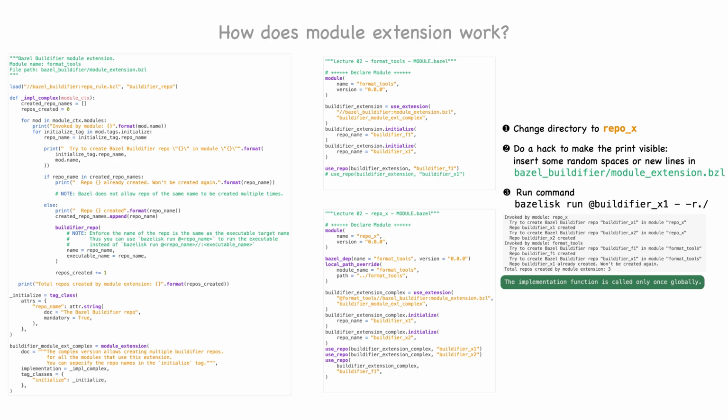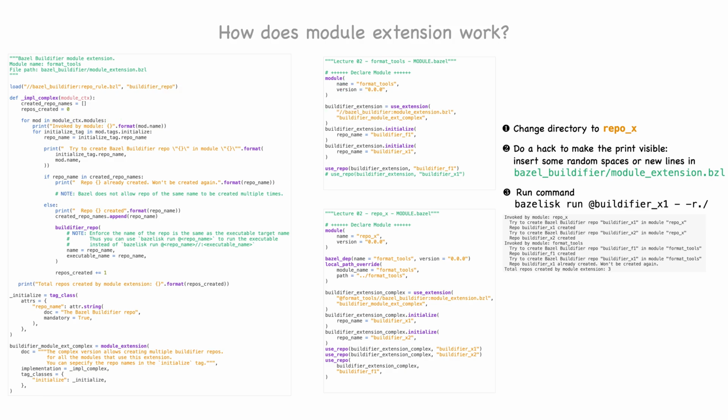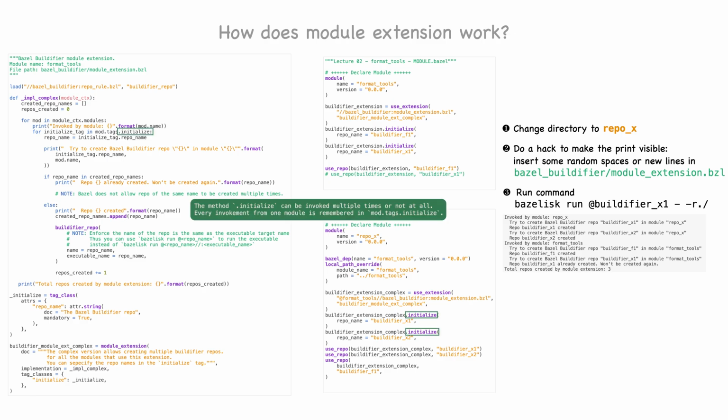So in our case, repo_x is the root module, and repo_x directly depends on the repo format_tools. All the modules, including the root module and external modules that use this extension, will be listed in module_ctx.modules. The keys defined in the tag classes are the methods that you will invoke in the MODULE.bazel files, and you can invoke the same method multiple times or 0 times.